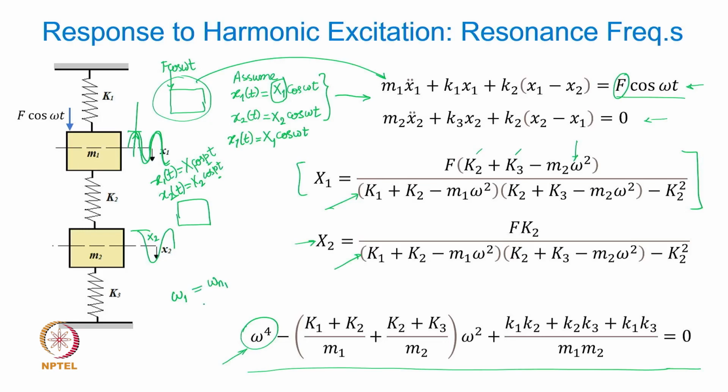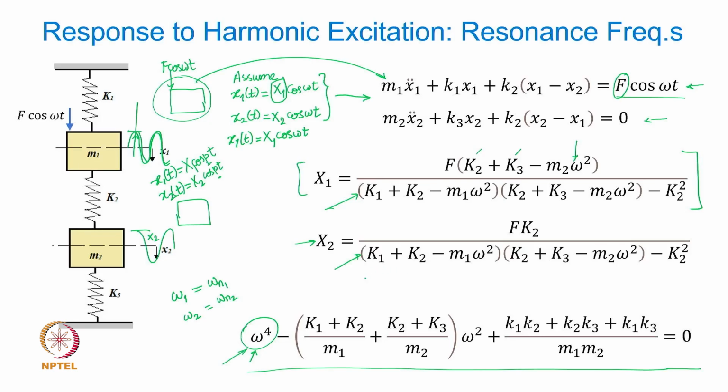Now you have two natural frequencies, so you can get the second of the two frequencies from this frequency equation, which will correspond to the second natural frequency, and that basically is the resonance in the 2 degree of freedom system when it is subjected to harmonic excitation force.